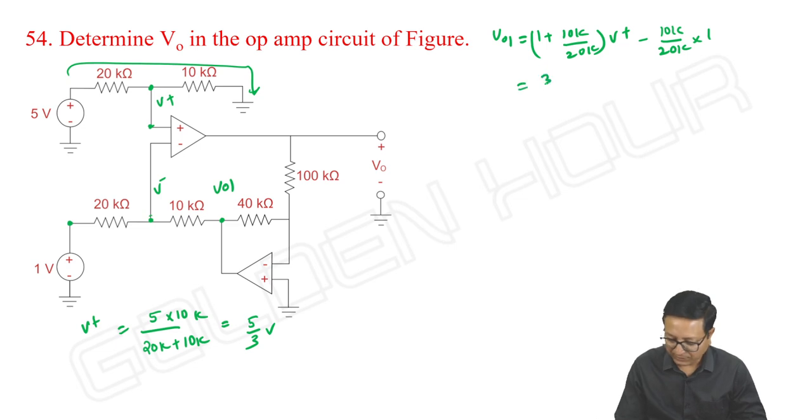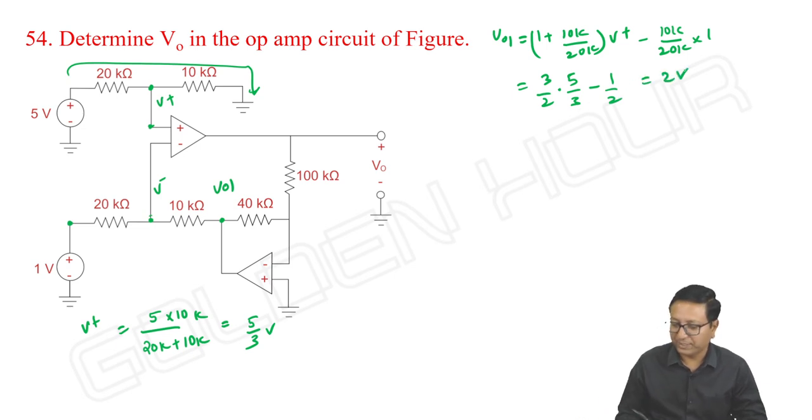So it is 3 by 2 into 5 by 3 minus 1 by 2. 5 by 2 minus 1 by 2 is finally equal to 2 volts. So by taking this node equation, we can get the voltage at this point.